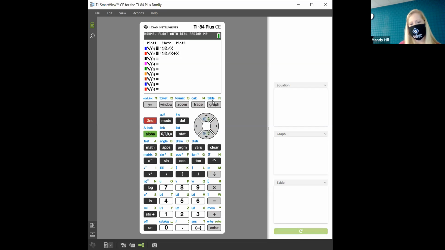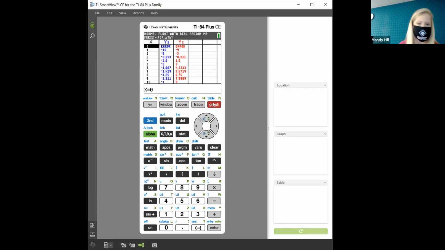Then you hit second graph, and remember we're looking for that middle column. We want our Y2, we want to find where it's -9. And on mine, it's at the very top up here, 1 and -10. So there's my combination that I'm looking for, 1 and -10, because I'm looking for it to be -9.